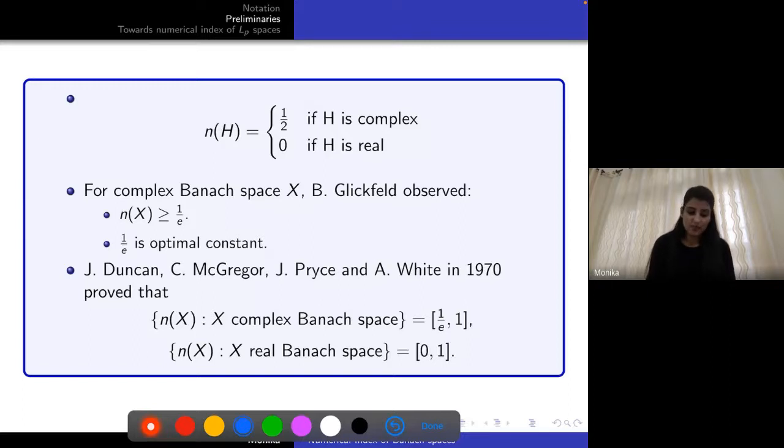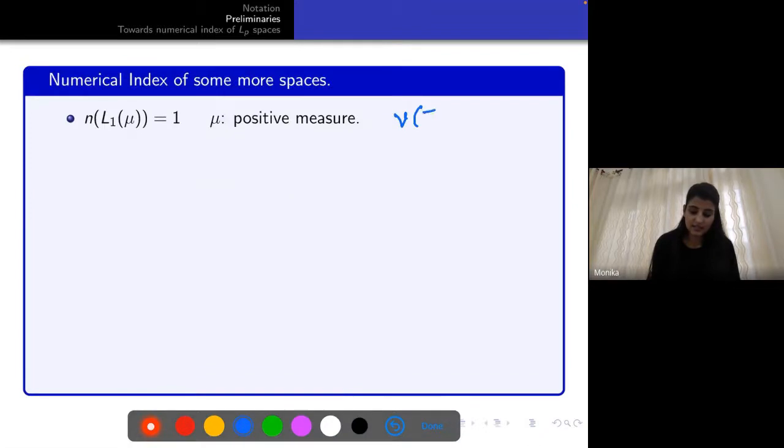Let's see some more examples. The numerical index of the space L1(mu), where mu is a positive measure, is 1, as I discussed previously, because we saw that v(T) is the same as the norm of T for every operator. So the numerical index of L1(mu) will be 1.